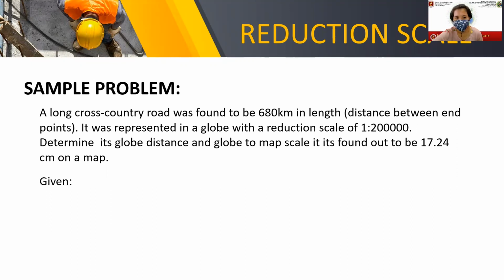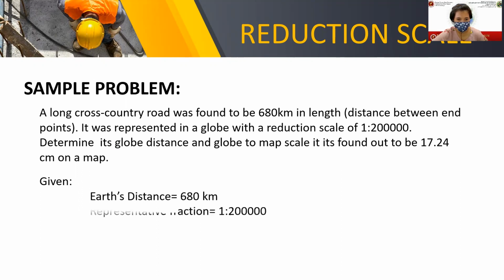We are given the Earth distance, which is 680 kilometers. This is the actual length of the road, the cross-country road. We have the representative fraction, the globe distance over the Earth distance, which is given as 1:200,000.